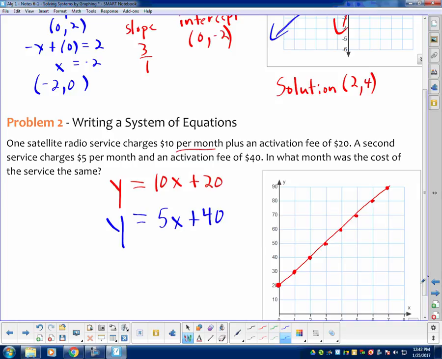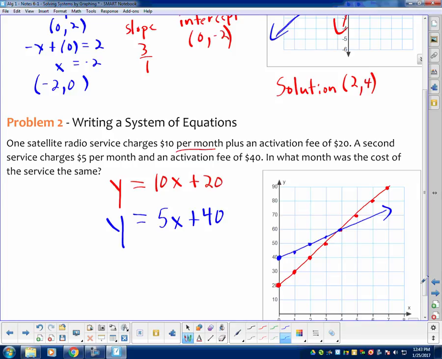When I go to graph it, I'm going to place a dot at 40. And this time I'm going to go up 5 and over 1. So halfway between 40 and 50, up 5 over 1, up 5 over 1, up 5 over 1, up 5 over 1. I'm going to stop right there.